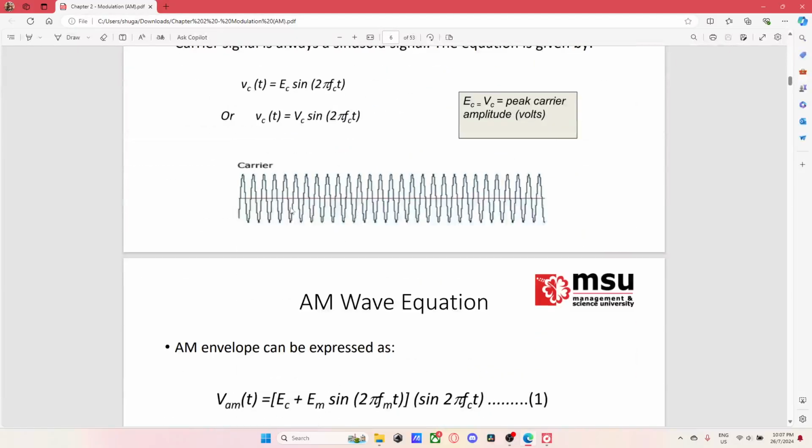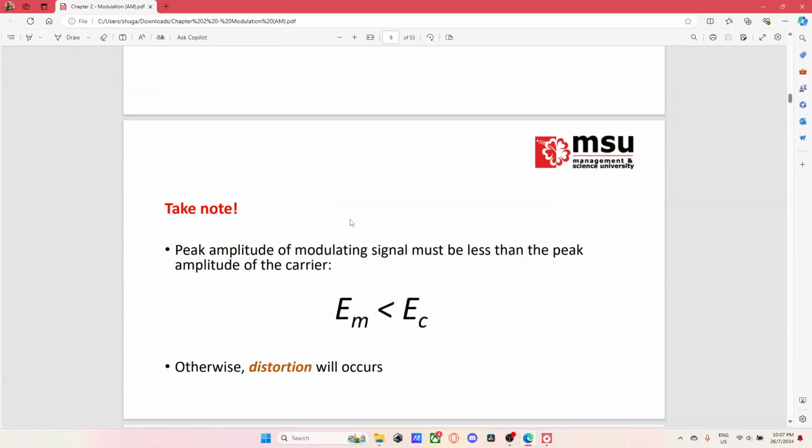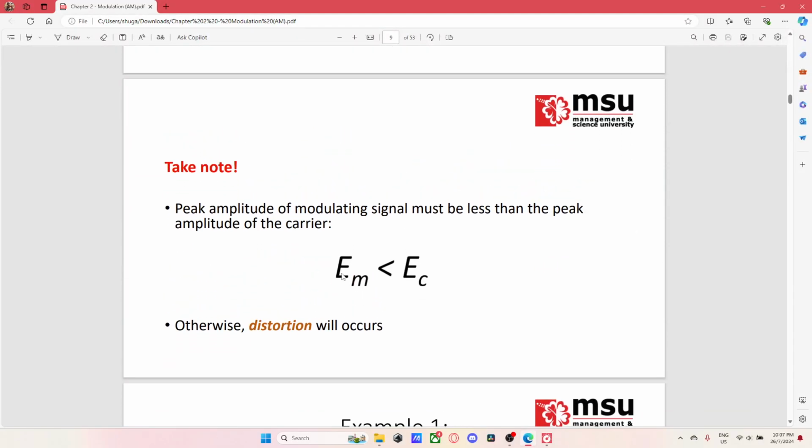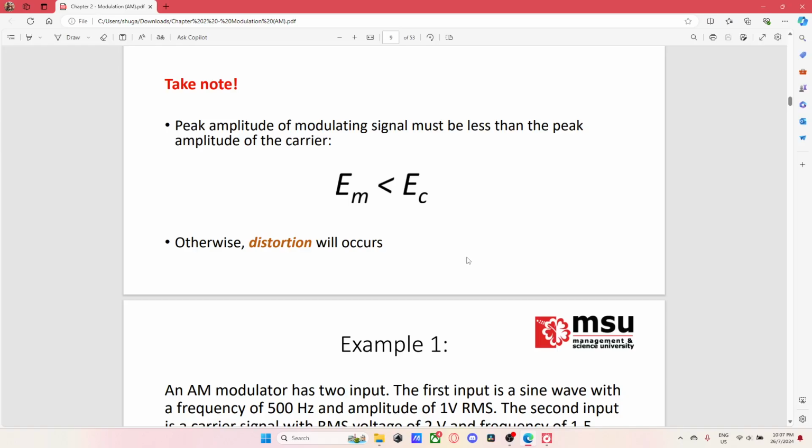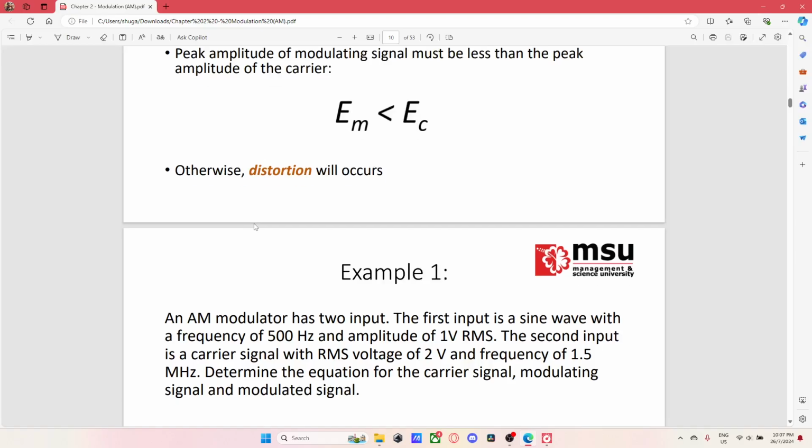So it should reflect here also, where the modulating peak amplitude EM should be less than the carrier EC over here. If EM is more than EC, distortion will occur. We will see some examples of that later.